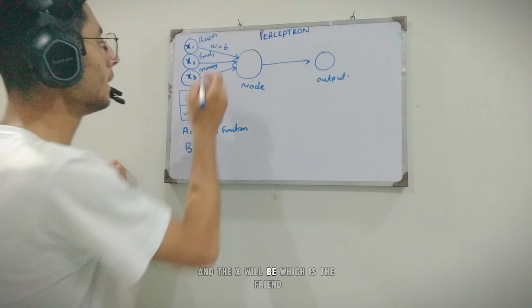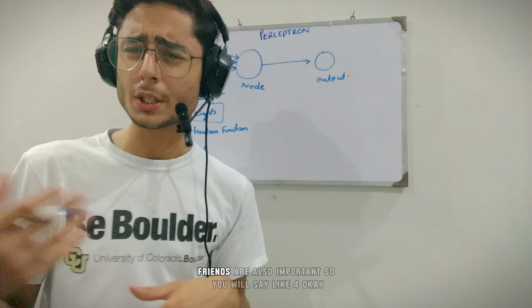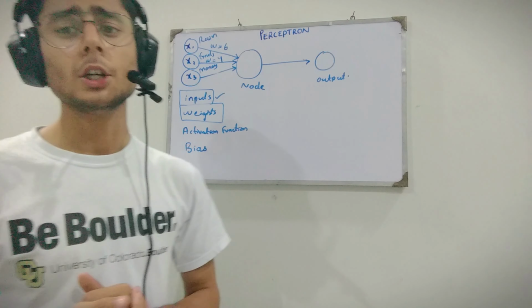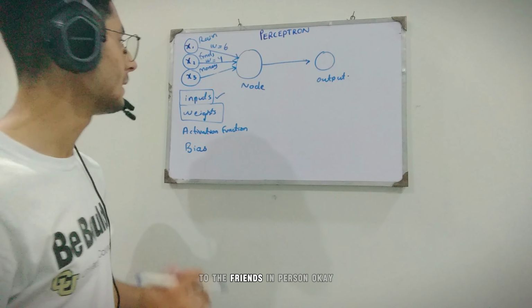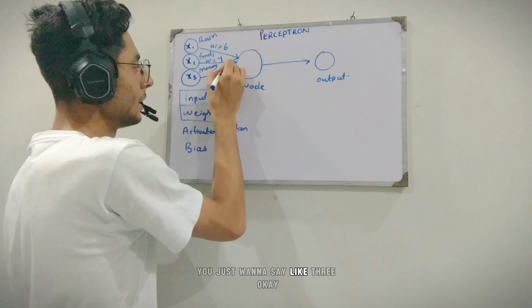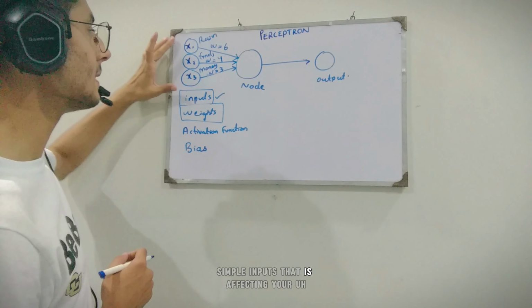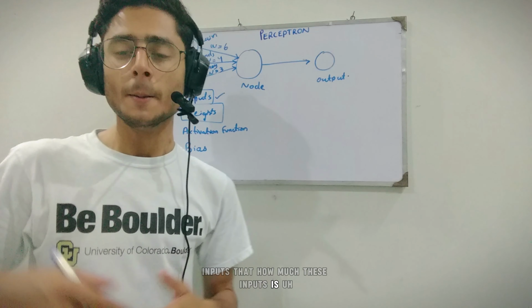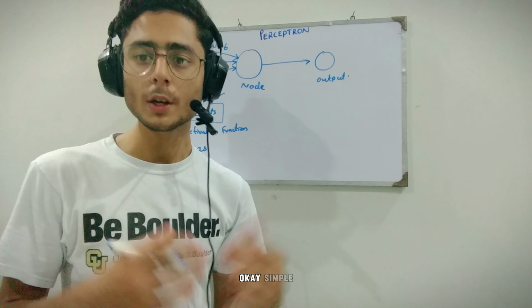And for x, which is friends, you consider that friends are also important, so you say 4. You give the value 4 to the friends input. And money, for example, will be 3. So these are the simple weights that show how much each input affects your output.